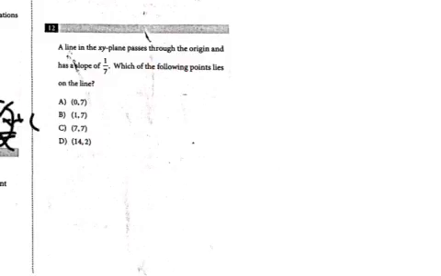Now question 12 asks which of the following points lies on the line, given the slope is 1/7 and it passes through the origin. So it's the origin with the other point here making a slope of 1/7.